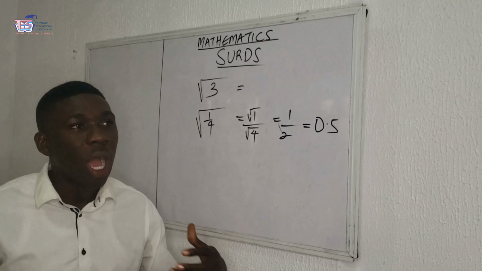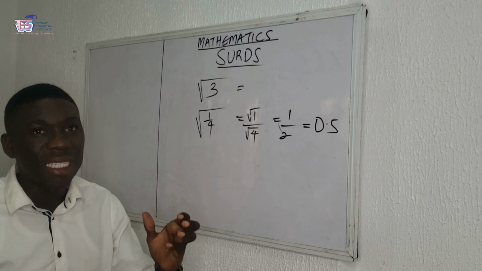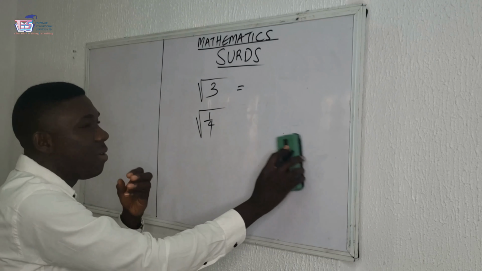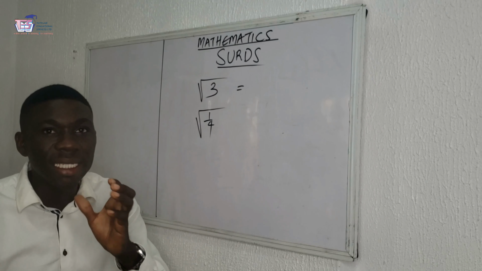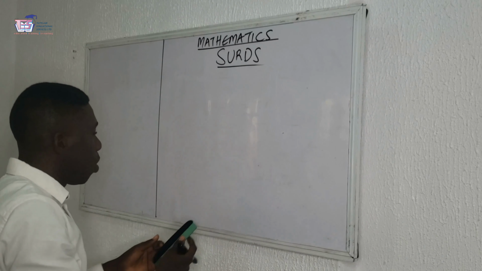Now we are moving to how to write numbers in root form that are non-perfect squares as a surd. So we need to learn a particular law. You know, in every concept in mathematics, there are always rules guiding them. So we need to learn a particular law, or we call it a rule.